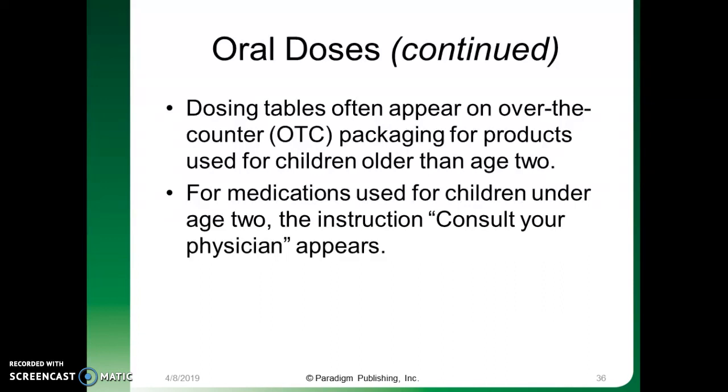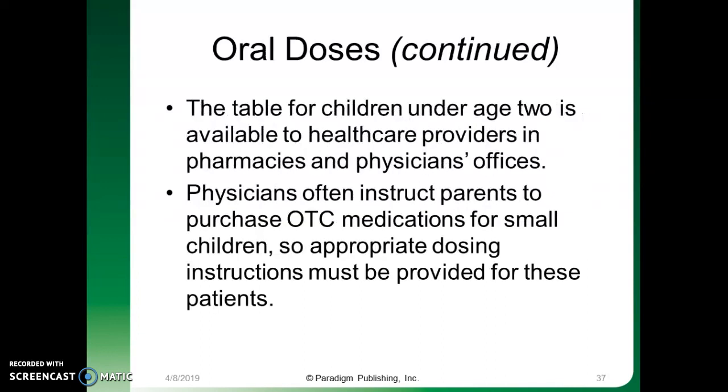So dosing tables often appear on over-the-counter packaging for products used for children older than the age of 2. For medication used for children under age 2, the instructions always say to consult your physician. The table for children under age 2 is available to healthcare providers in pharmacies and physicians' offices.